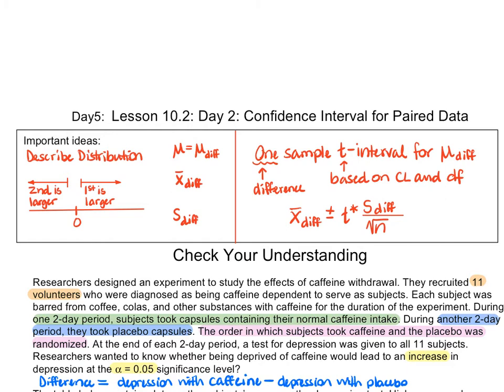And I propose that we say that the difference is the depression with the caffeine minus the depression with the placebo. And then the next thing that you're going to want to do is calculate the difference for each individual. Okay, I'm not going to say any more. Use the example that we did together as your guide. Turn off the video, and when you're ready to check your answer, turn it back on.